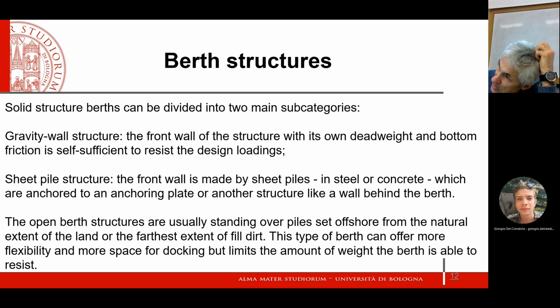And these structures can be divided into two subcategories: the gravity wall structure and the sheet pile structure. So the vertical wall can be created with a sheet pile or with a gravity wall. And of course, there are pros and cons for both solutions in terms of cost and in terms of ability to sustain loads.